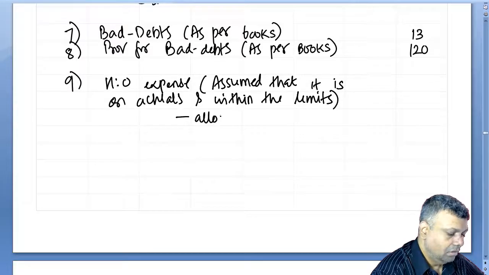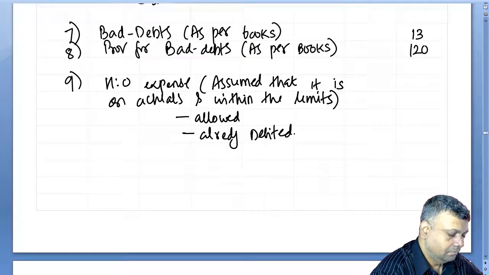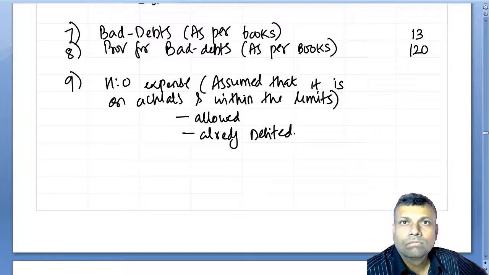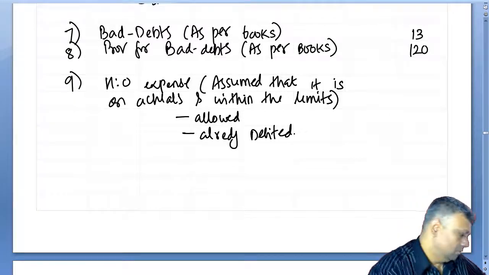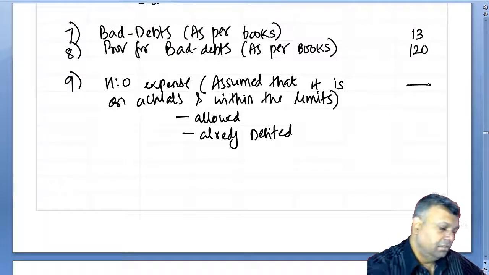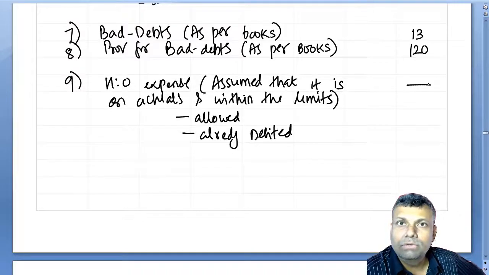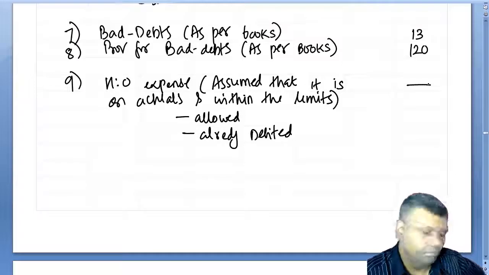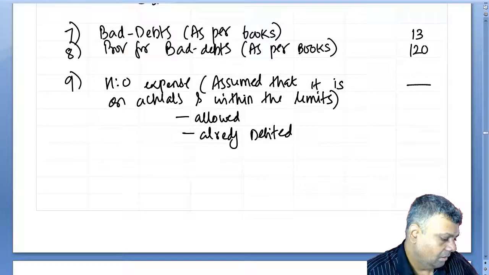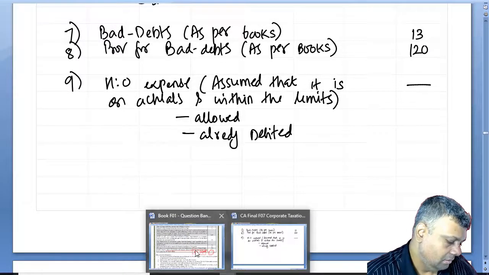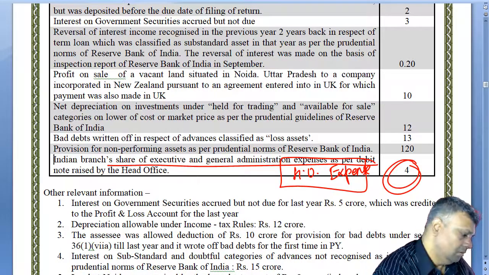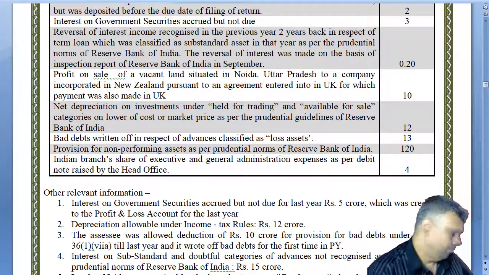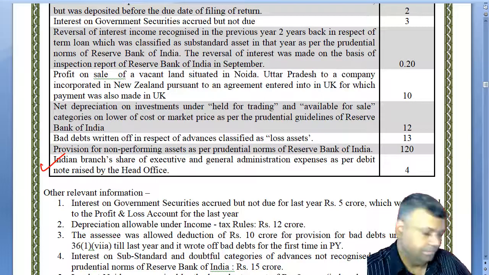Thus it is allowed. It is already debited. So there is no adjustment required on this particular front because we have already expensed that particular item. So this is already done.